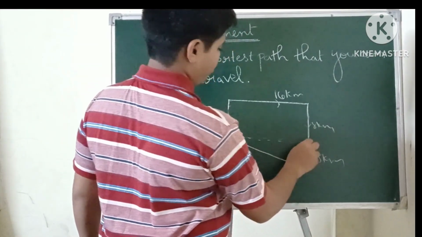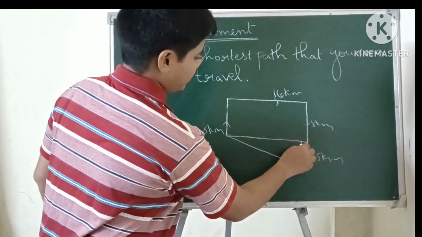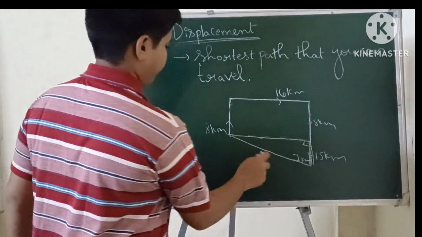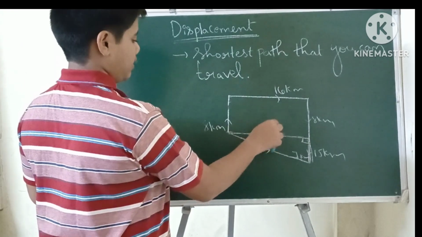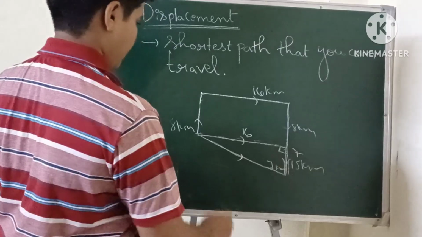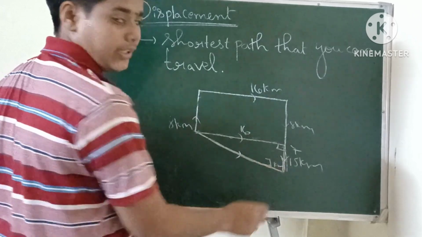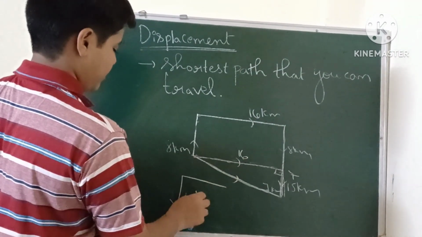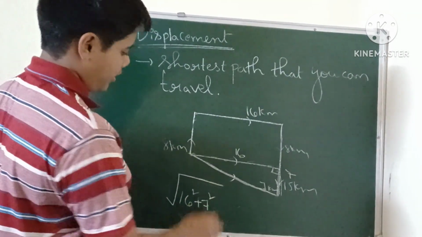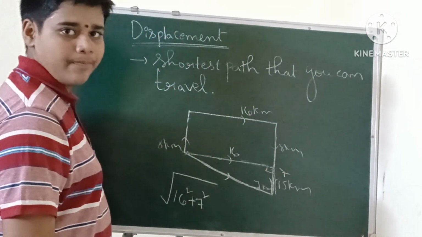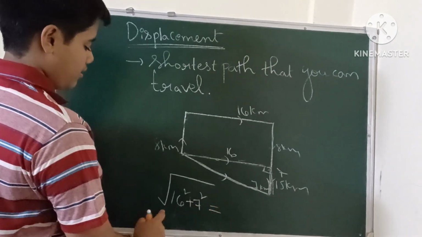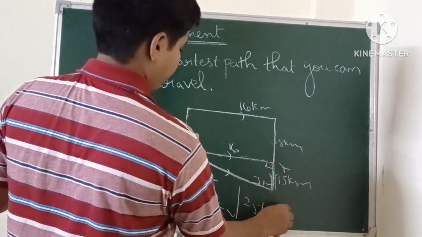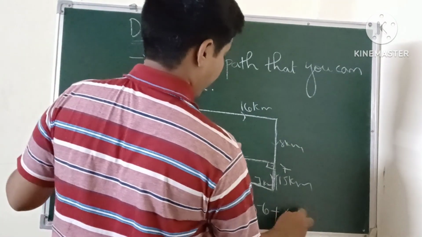So here the displacement is, this is 16 kilometers and this is 7 kilometers, so we have to find the root, because this is a Pythagoras theorem, right angled triangle. Here we already know this is 16 and this is 7, and we have to find this hypotenuse. So root over 16 square plus 7 square, because these are adjacent sides.